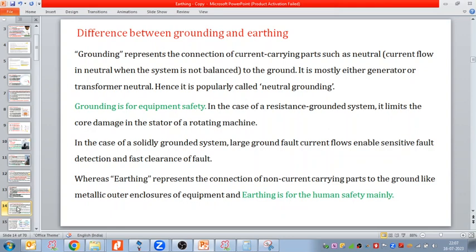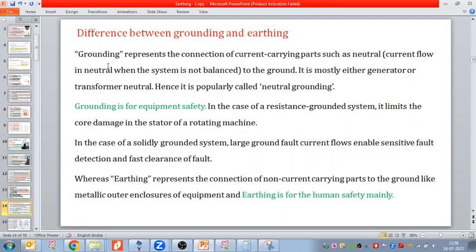But if we want to differentiate name-wise, just name-wise, where we will use the grounding name and where we will use the earthing name. Technically no difference, both are identical, but conventionally or in practice, where we say grounding and where we say earthing.